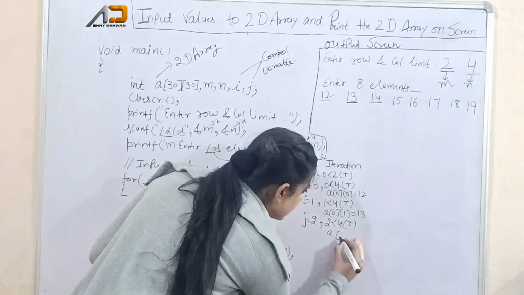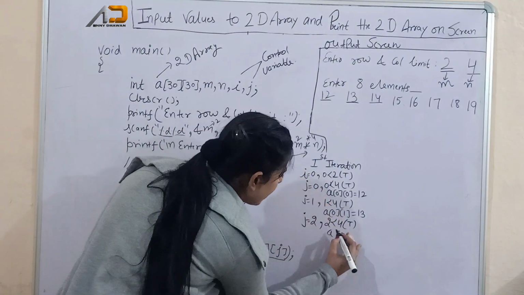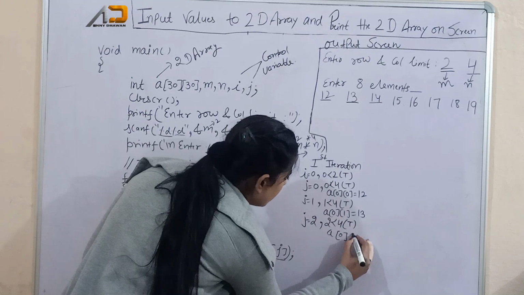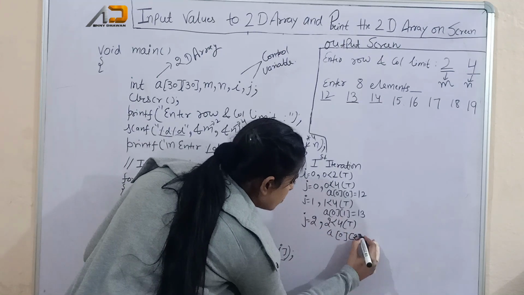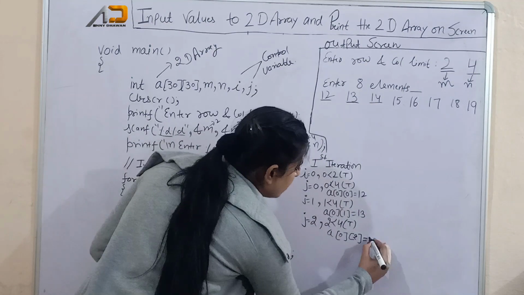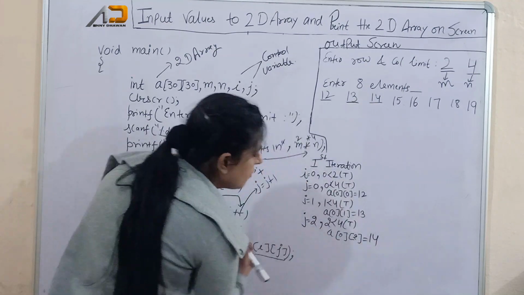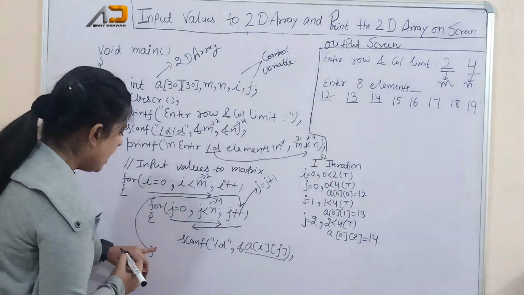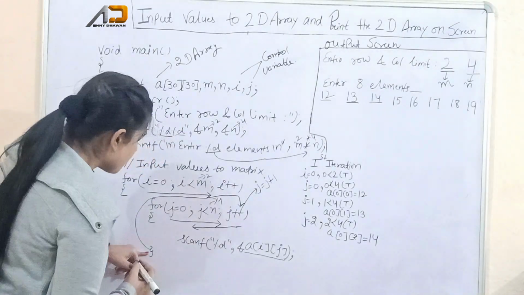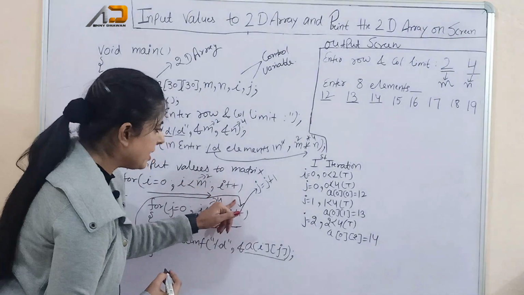What is the value of i here? It is 0. And what is the value of j here? It is 2. This 14 will be assigned to the a of 0 2 variable. And again control moves to this jump part again.